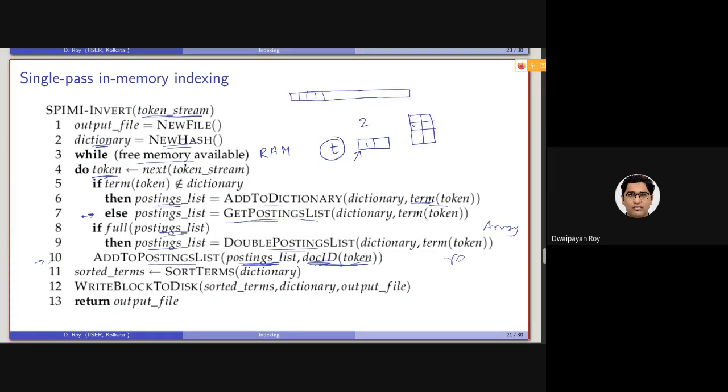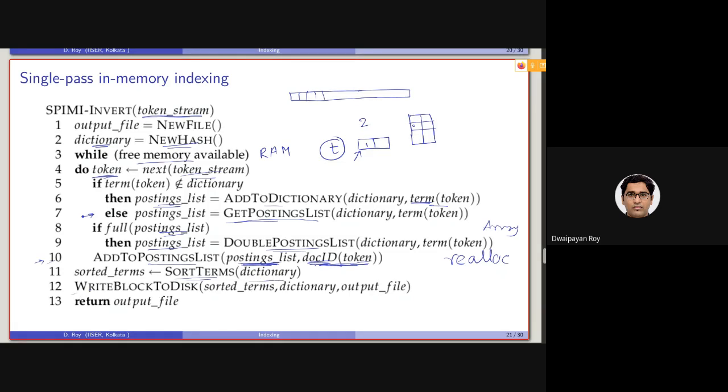Basically, we can use the realloc function to double the size, right? So for the entire token stream, after traversing the entire list of tokens, we'll be sorting the dictionary, and we will be writing it back to the disk.